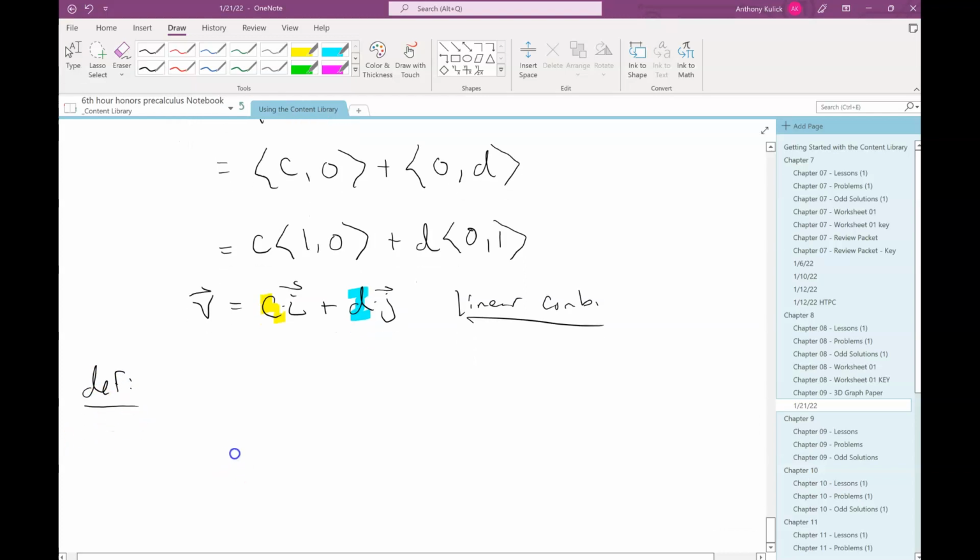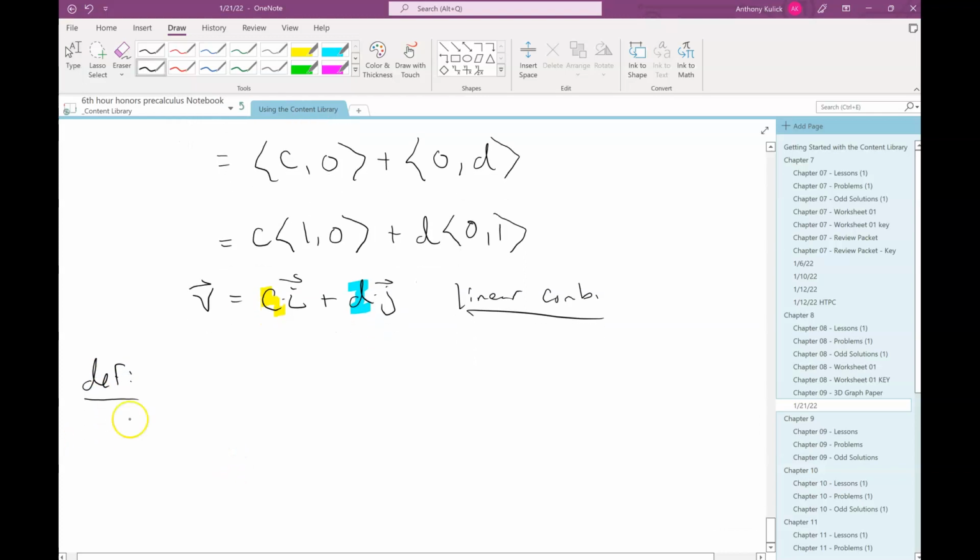One more operation to talk about called the dot product.